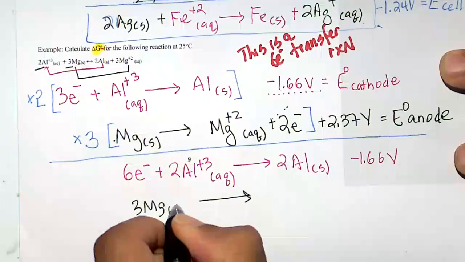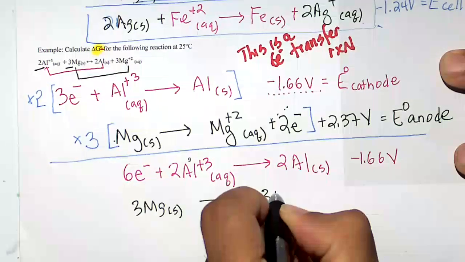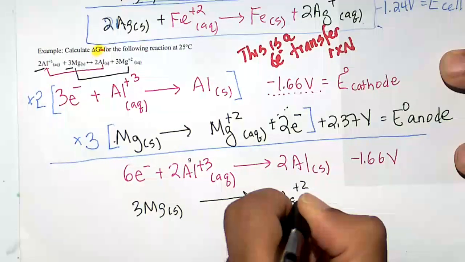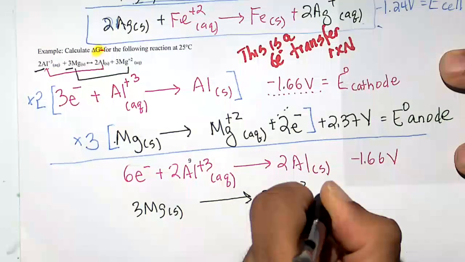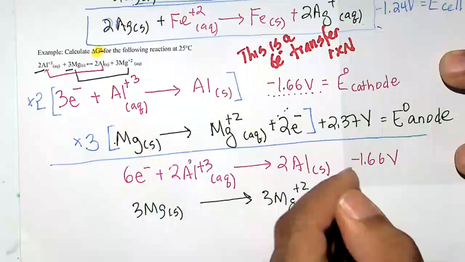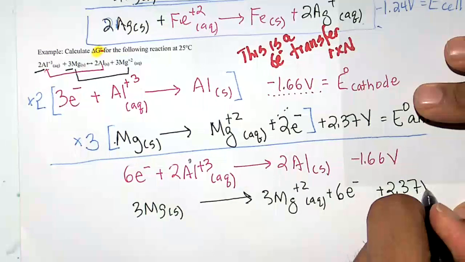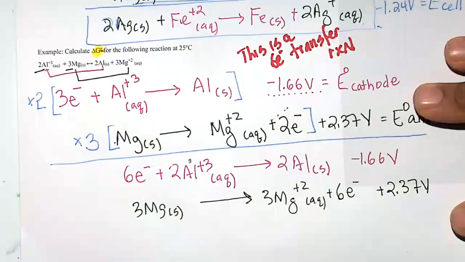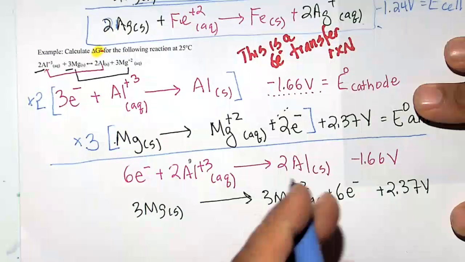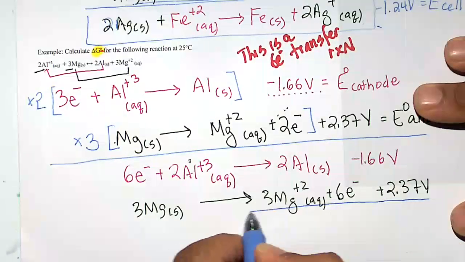So that's 3 Mg solid goes to 3 Mg2+ plus 6e minus, and you guys are correct. That number still stays at 2.37. Remember, those voltages don't change. The only thing that changes is the sign.